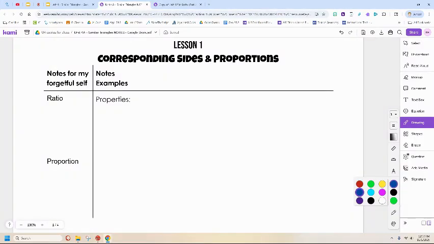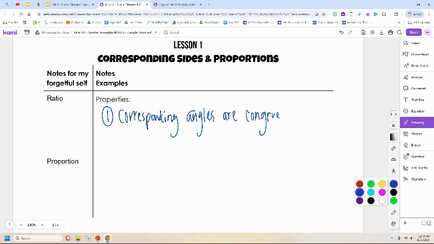So if shapes are similar, if corresponding angles are congruent, so that's the first thing that's true of all similar figures. And then the second one is the one that makes it different from congruent figures.